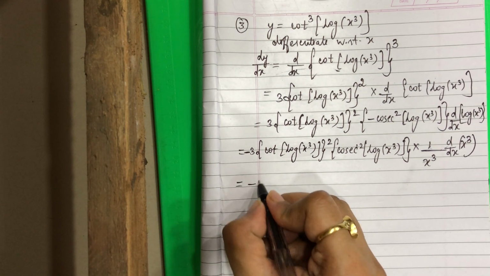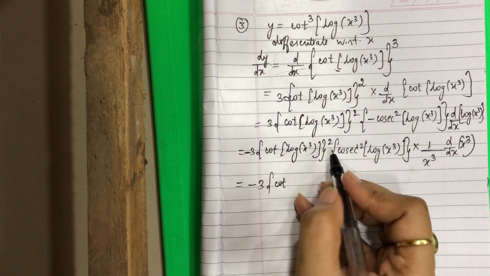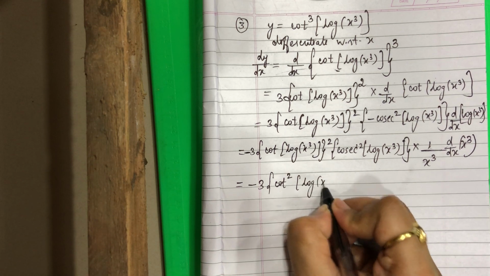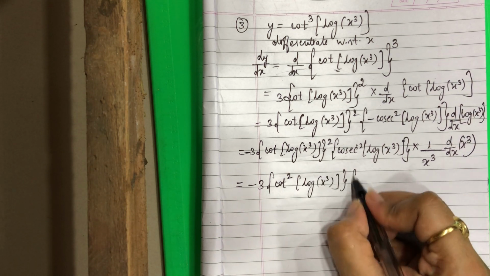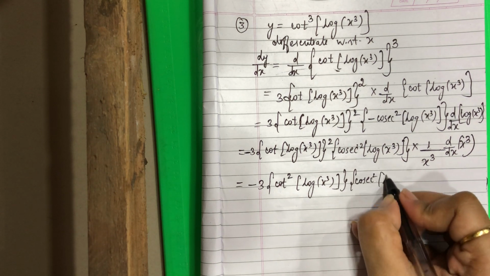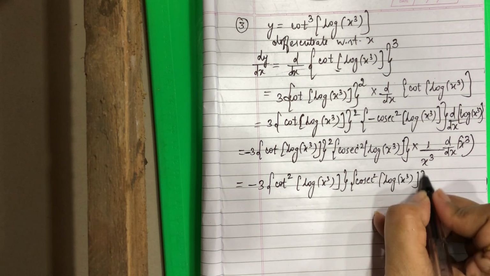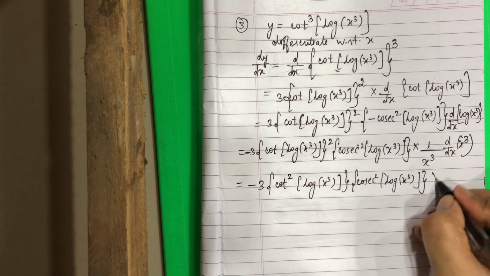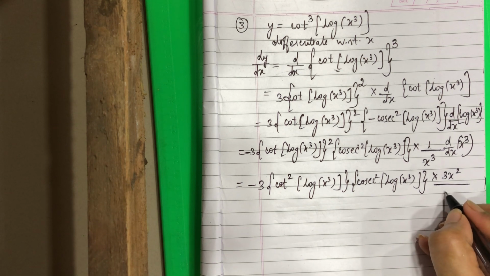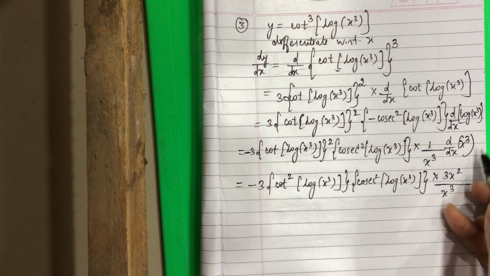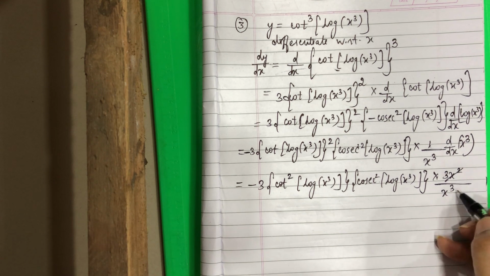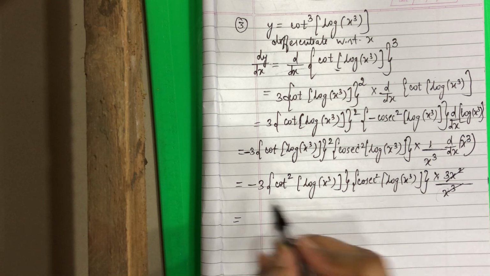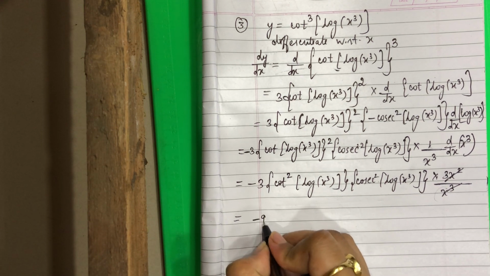So it is minus 3 cot square log of x cube bracket close, cosec square log of x cube bracket close. The differentiation of x cube is 3x square, by using the formula x raised to the power n, as this is a simple function. This x cube will get cancelled with this, only the x is remaining in the denominator. So 3 into minus 3 is minus 9.